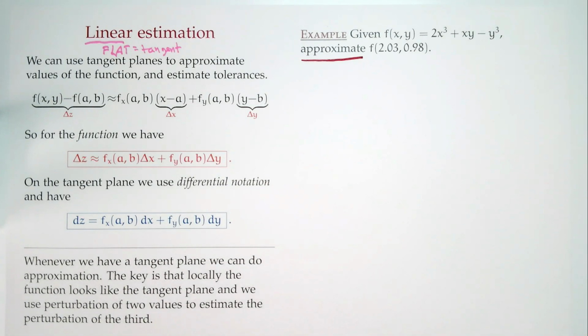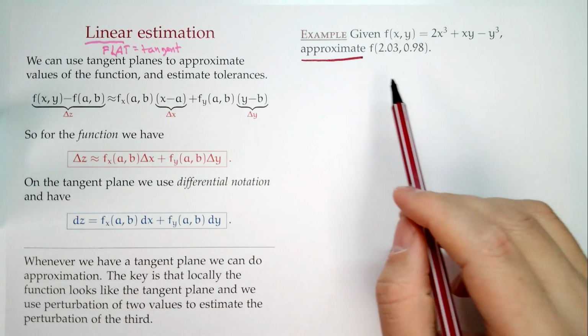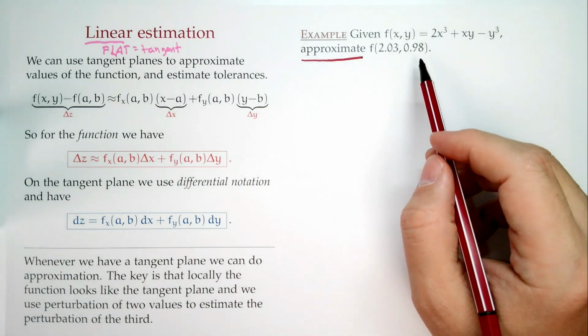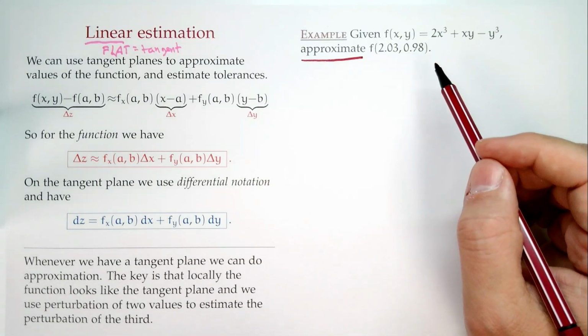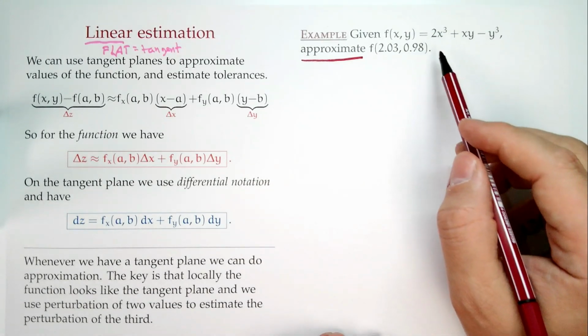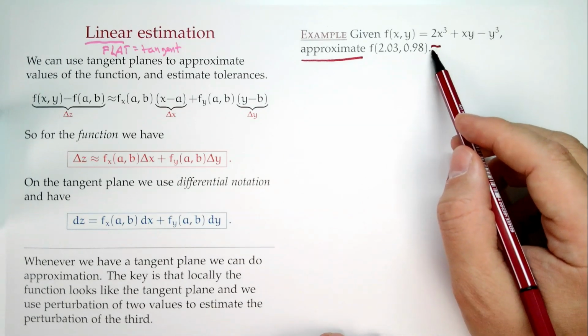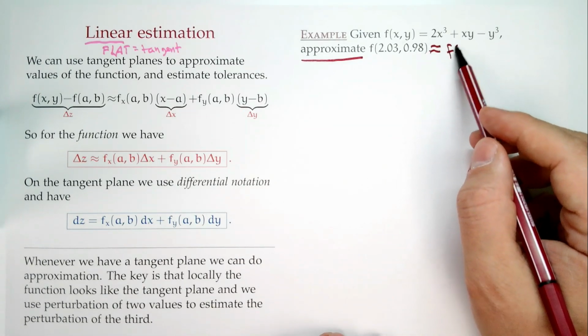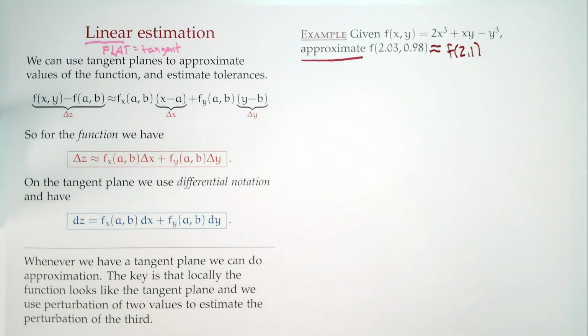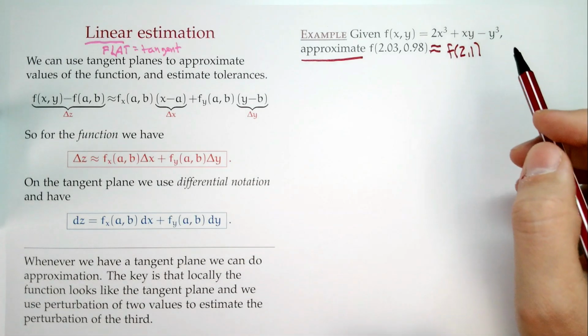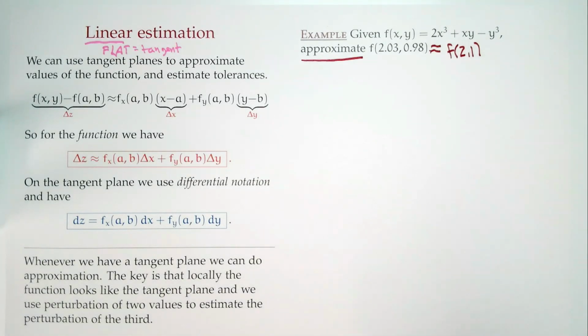So we look at this and say, okay, 2.03, 0.98. Well, that's close to a set of numbers which is really easy to work with. One way we could do this is to say, what's the function at 2, 1? Because 2.03 is close to 2, and 0.98 is close to 1. Well, we can actually compute this.